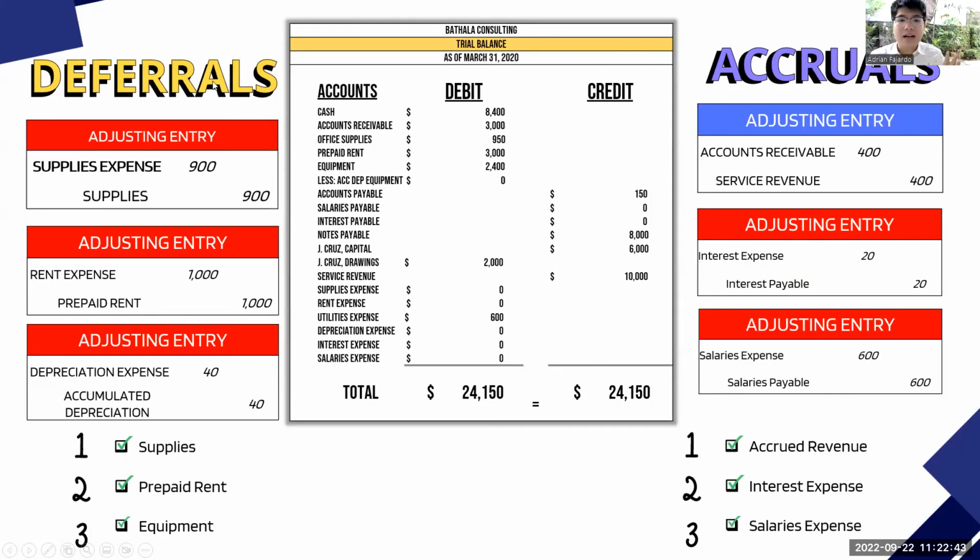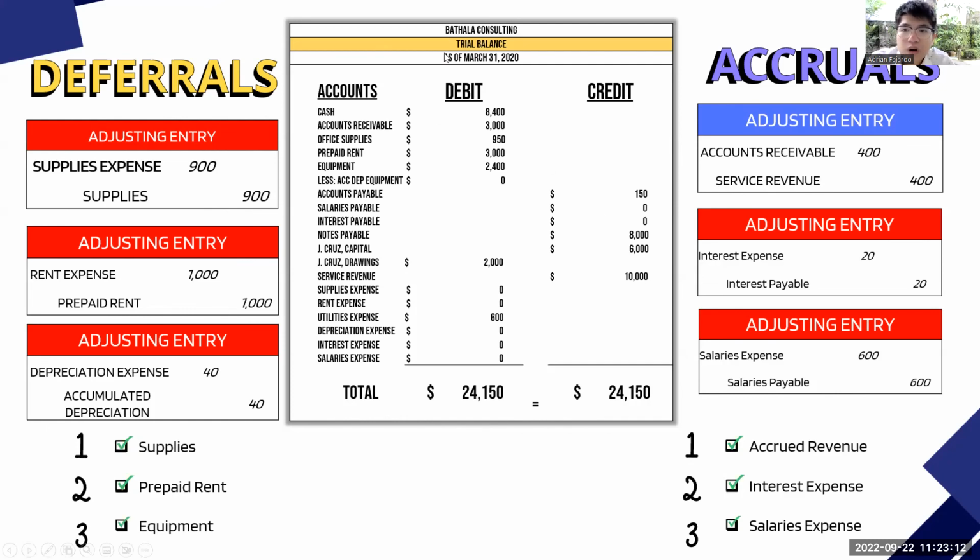So summarize lang, again, yung initial entry sa deferrals, those were for depreciation, pero nakalubog na yun dun sa unadjusted trial balance. So in essence, for Bathala Consulting, we had 6 adjusting entries, right? So what are the 6? You had 3 deferrals, primarily your supplies, your prepaid rent, and your equipment depreciation. And then you have 3 accruals, your accrued revenue, your interest expense, and your salaries expense, right?